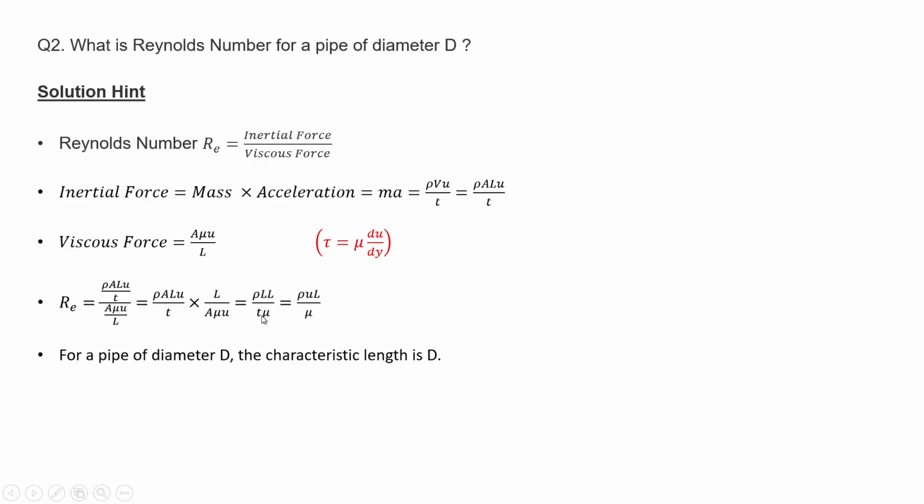The dimension of L by T is nothing but velocity, so rho U L by mu. You have to keep one thing in mind, that this L is the characteristic length. In case of a pipe of diameter d, the characteristic length is d, so this L will get replaced by d. So this is basically the Reynolds number.